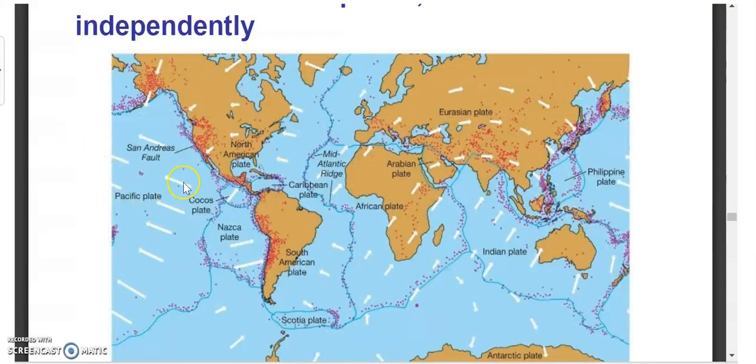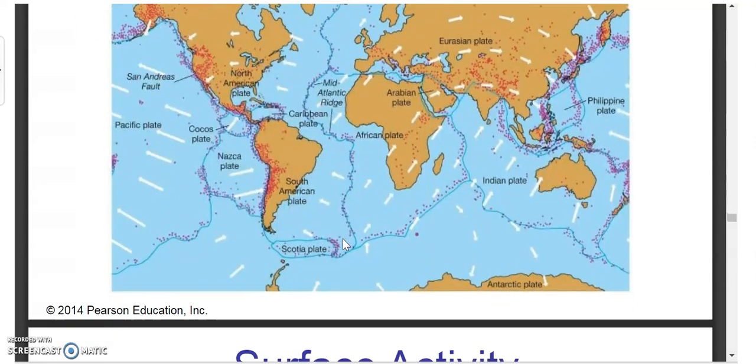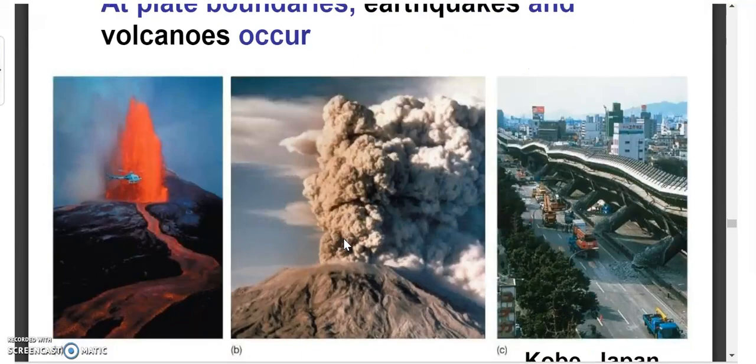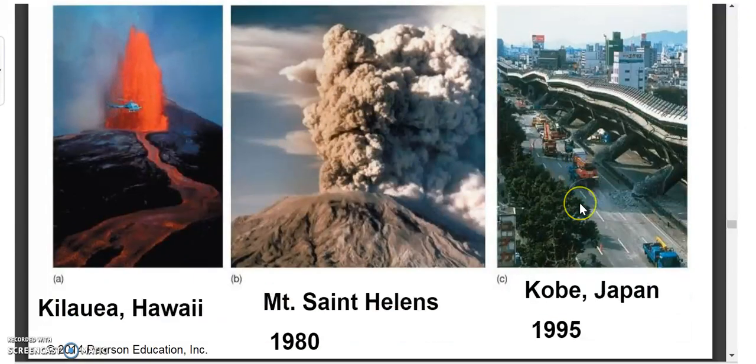If you look at the world like that, they sometimes call that the Ring of Fire, because there's lots of activity where the continental plates are smashing into each other. You have volcanic activity and you have earthquakes.